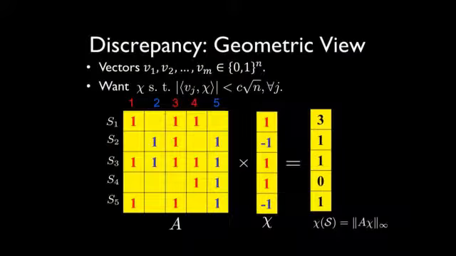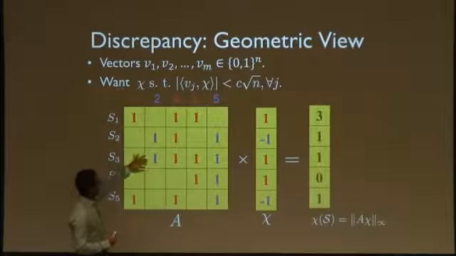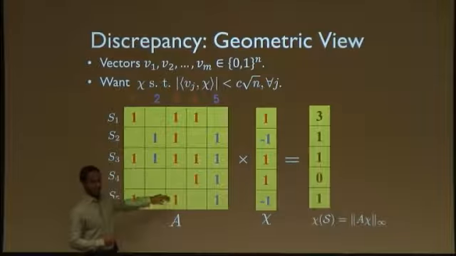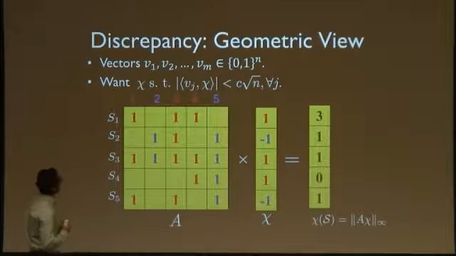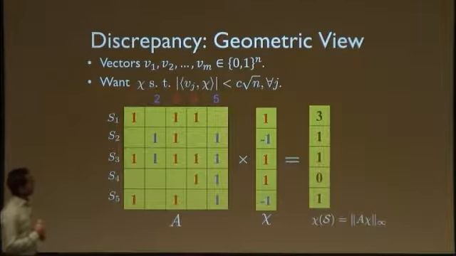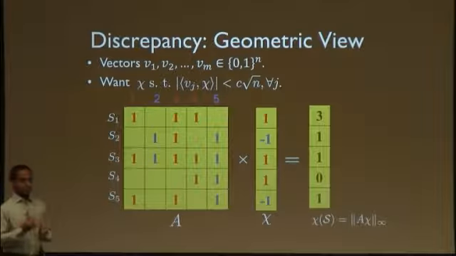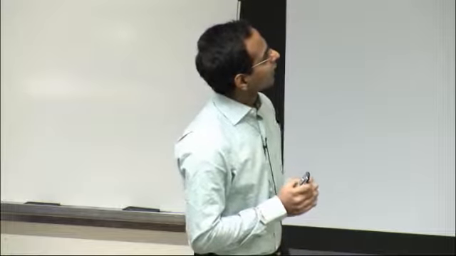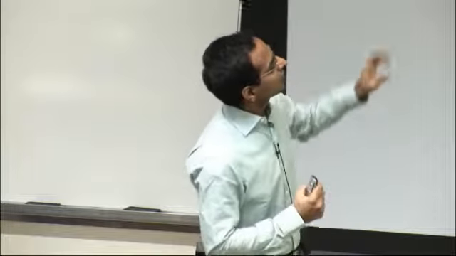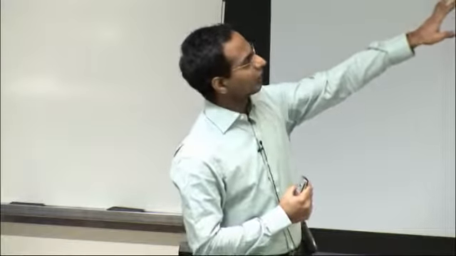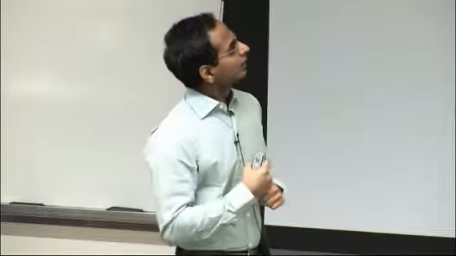And further, if we let v1 through vm be the indicator vectors of the sets in your set system, what we want is a coloring chi such that the inner product of chi with each of the indicator vectors is small. And now these constraints, the inner product of chi with the indicator vectors being small, are all linear constraints, with the caveat that you want chi to be a plus or minus 1 vector.